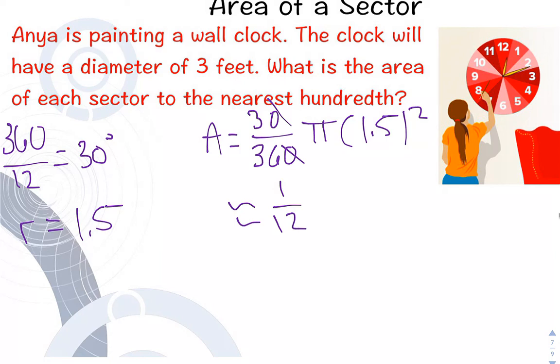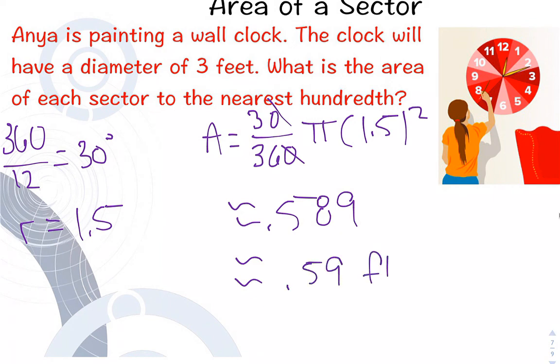Okay, so then I take 1 divided by 12 times pi times 1.5 squared, and I end up with 0.589, which, if we think about this, would round to 0.59 feet squared, which, if we think of each section, is rather small, so that makes sense.